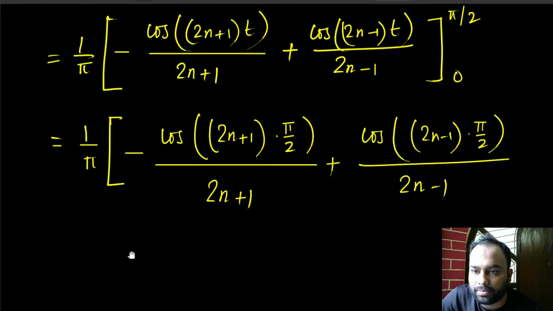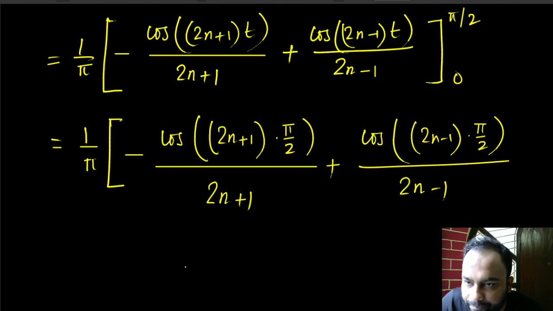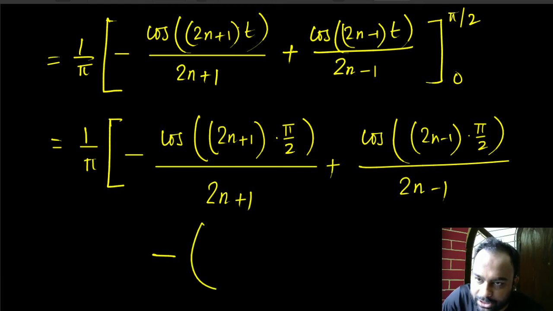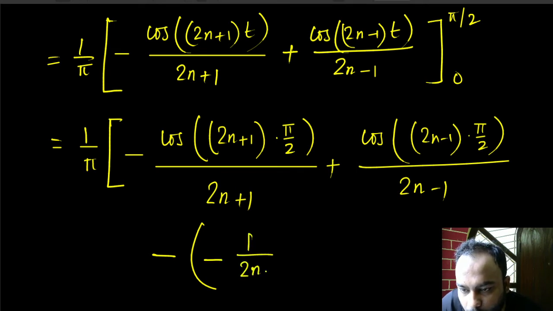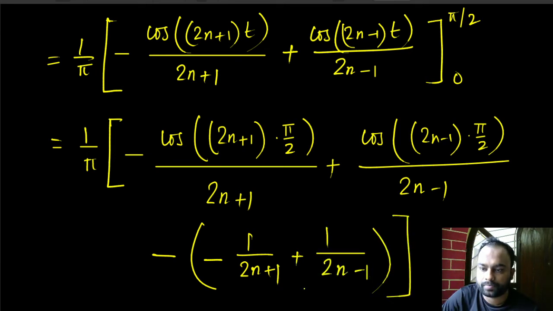And for the lower limit, I would have a minus sign along with this minus, so minus, and again this minus. So if I put the 0 here, cos 0 is 1, so I would have minus 1 by 2n plus 1 and plus 1 by 2n minus 1.